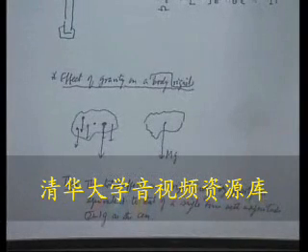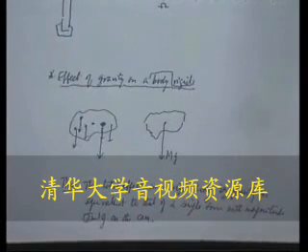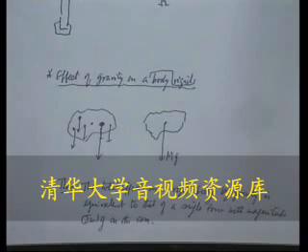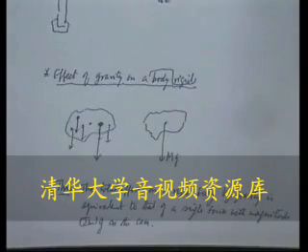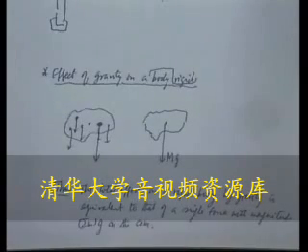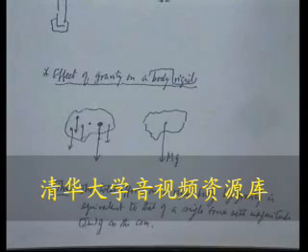The total effect on a rigid body by gravity is equivalent to that of a single force with magnitude summation of m times g on the center of mass.